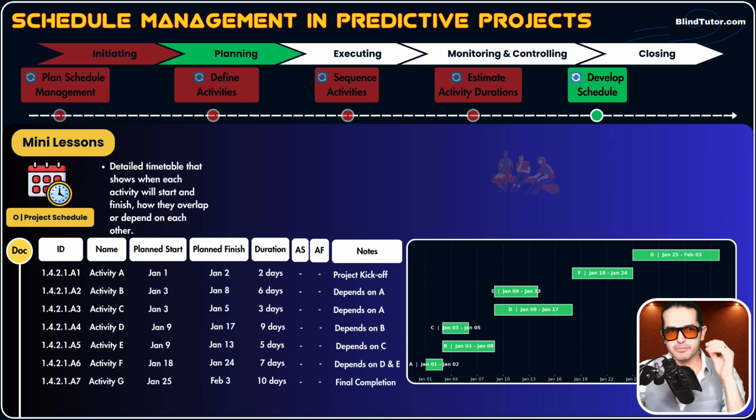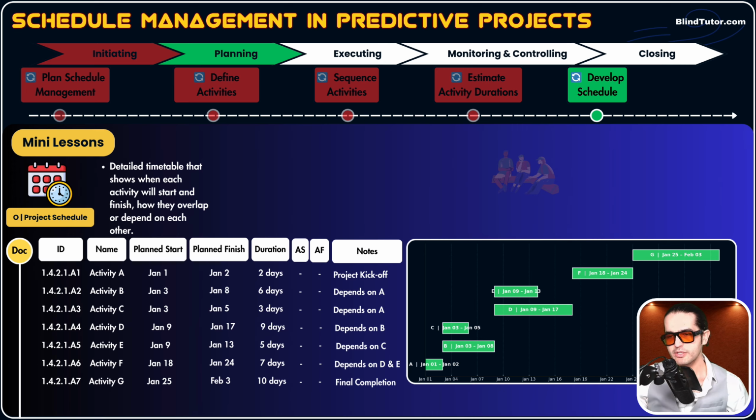Let's go to that table first, guys. This table could have different columns like ID, activity's name, planned start date, planned finish date, duration, actual start date, actual finish date, some extra notes. These are common columns that each project schedule may have.